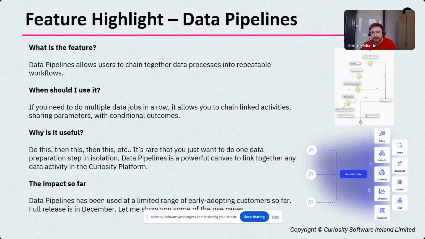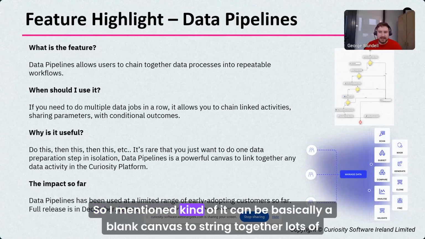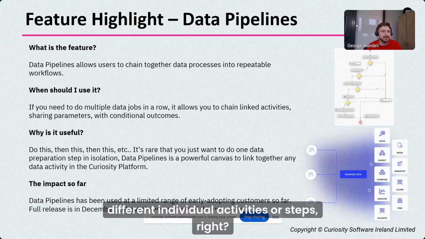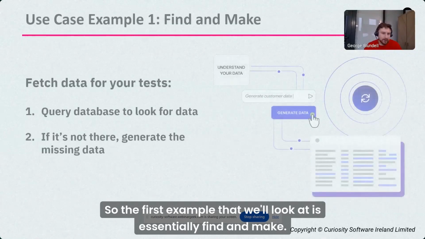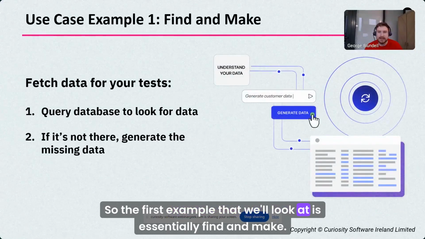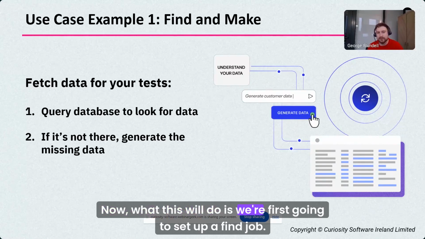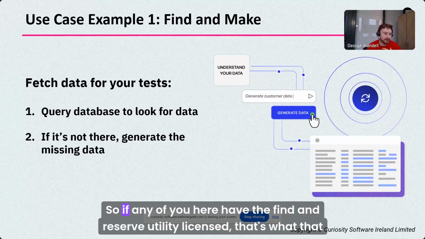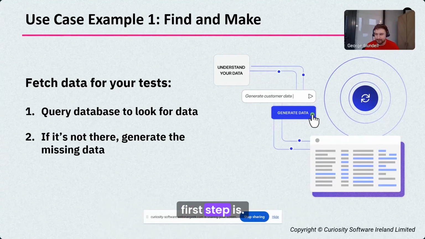So I mentioned it can basically be a blank canvas to string together lots of different individual activities or steps. The first example that we'll look at is essentially find and make. What this will do is we're first going to set up a find job. If any of you here have the find and reserve utility licensed, that's what that first step is.